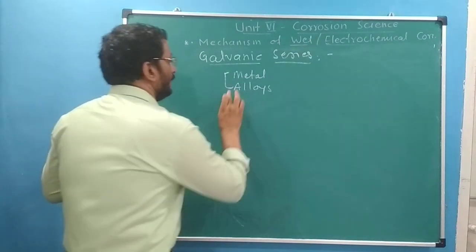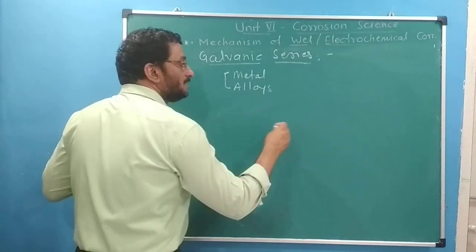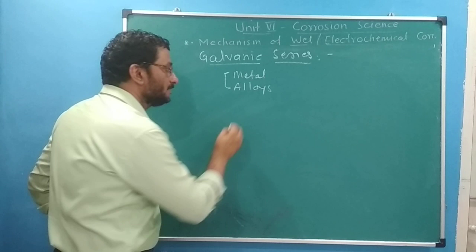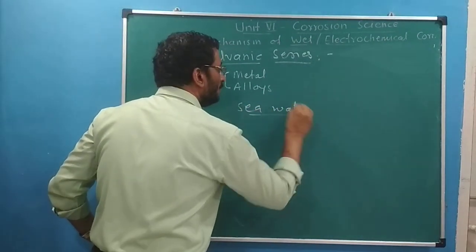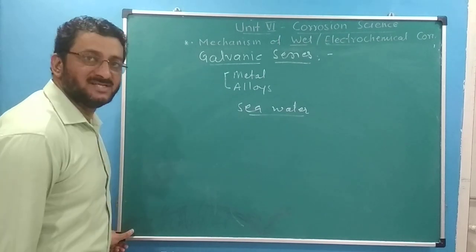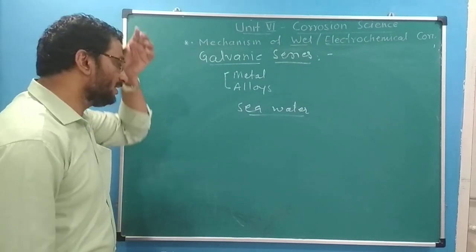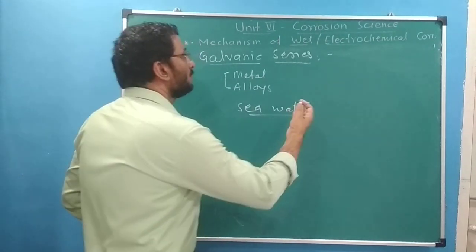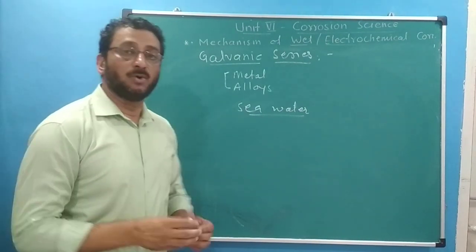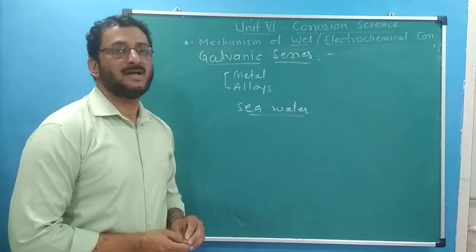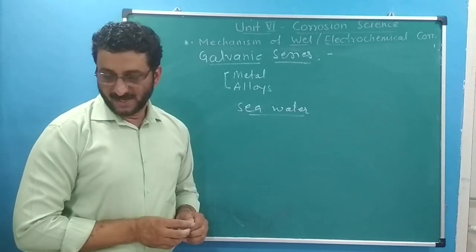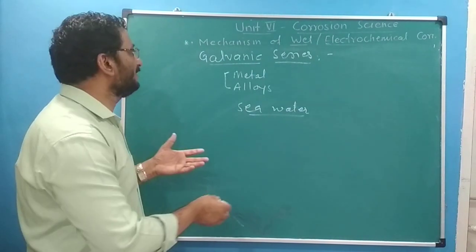Second, instead of using a standard concentration of electrolyte, they use seawater to record the electrode potential. That is taken as the electrolyte. Third, they have recorded electrode potential at different temperatures, not only 25, varied temperatures, and they have taken the average of that, and this is then prepared.